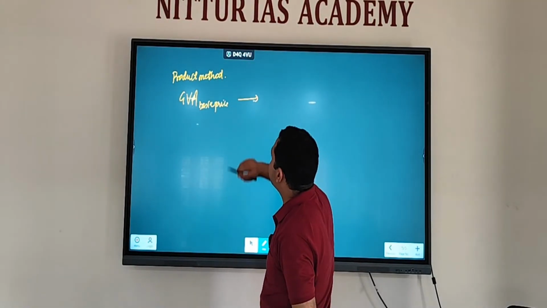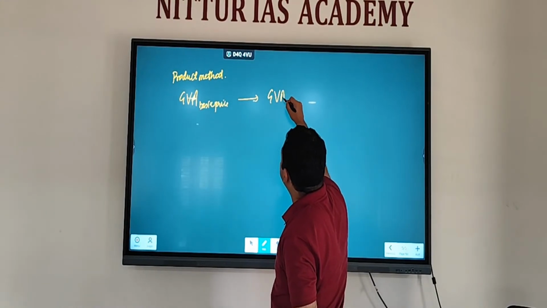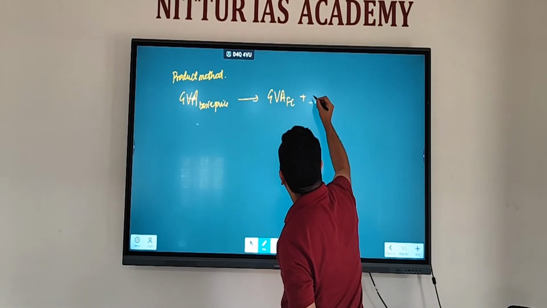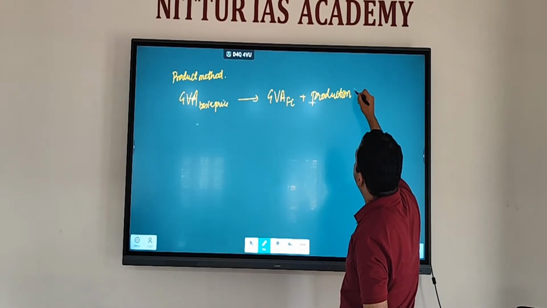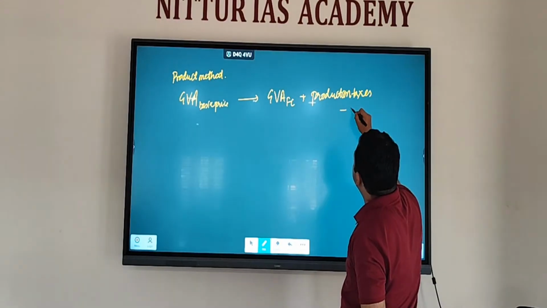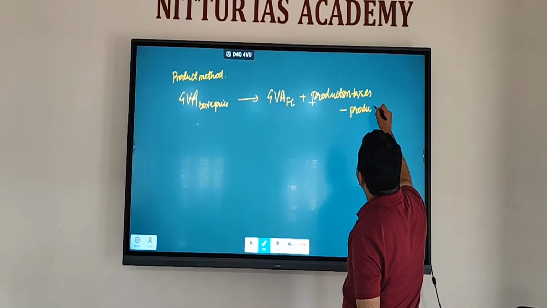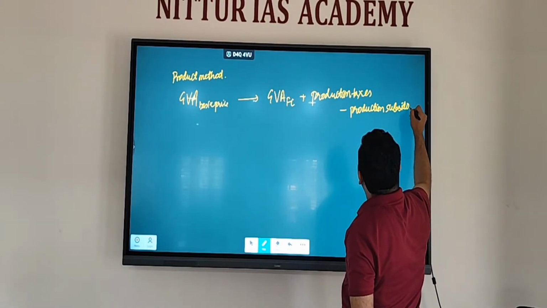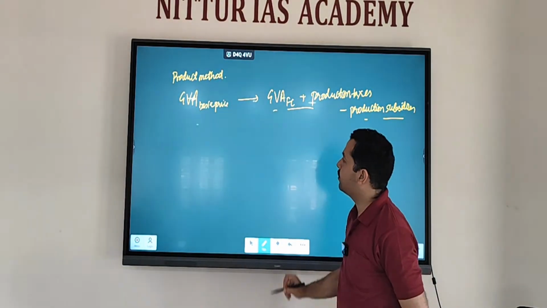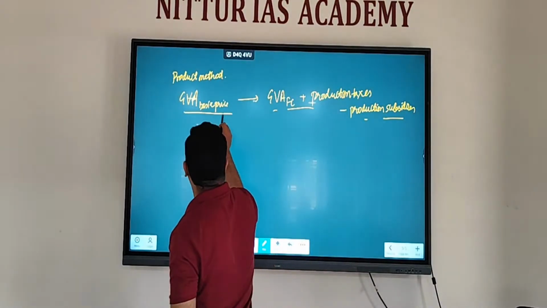And GVA at basic price is GVA at factor cost plus production taxes minus production subsidies. Production taxes minus production subsidies. So this is how we measure GVA at which price? Basic price.